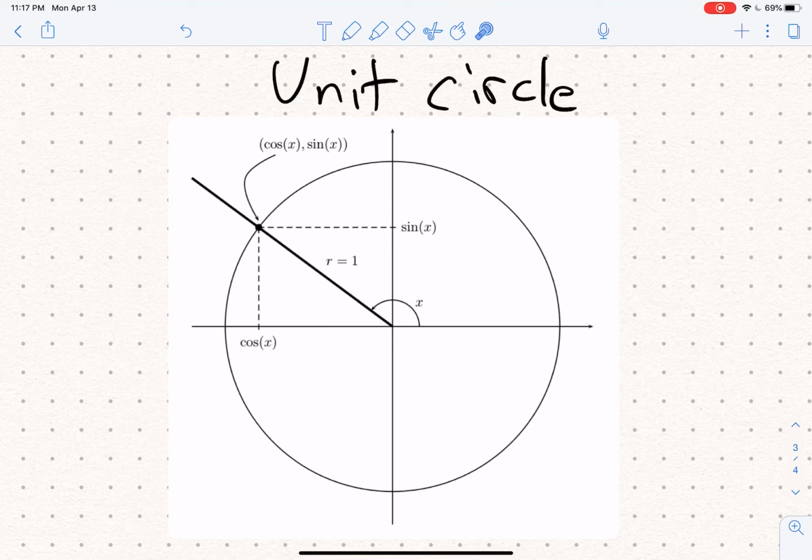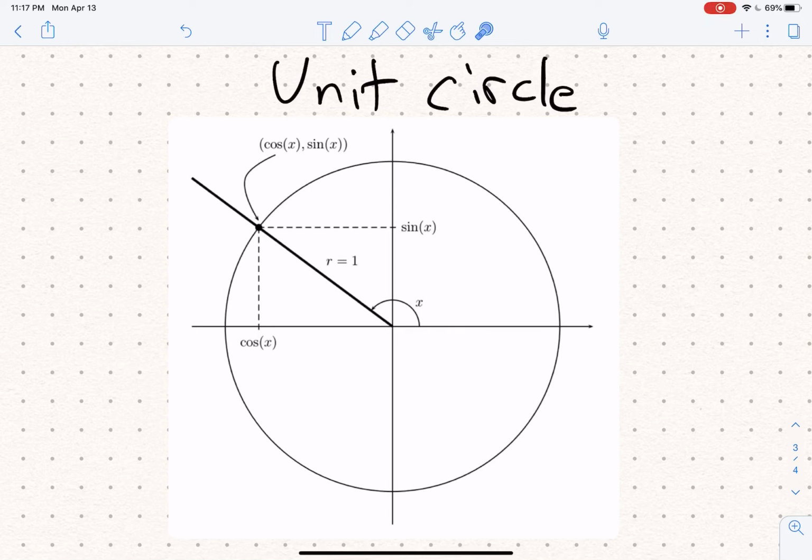This is a circle of radius 1, so it's a distance 1 out here. And you can see it's just the same as the picture above, except that we've now set r equal to 1. And what's nice about setting r equal to 1 is that it simplifies all of the definitions.